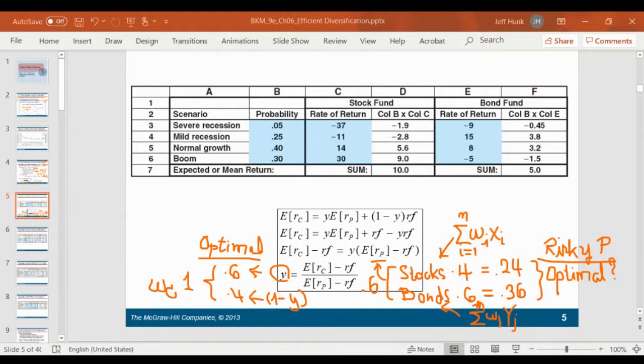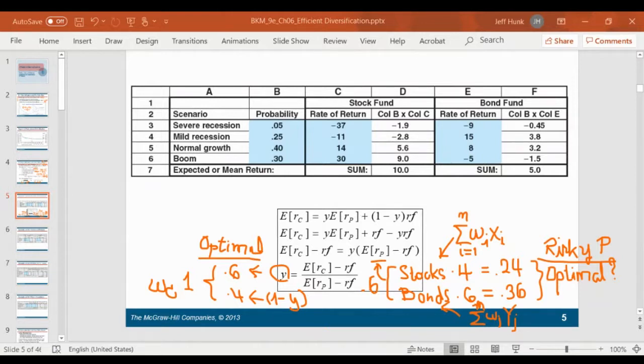The weight of the stock portfolio is 40%, and the weight of the bond portfolio is 0.6.